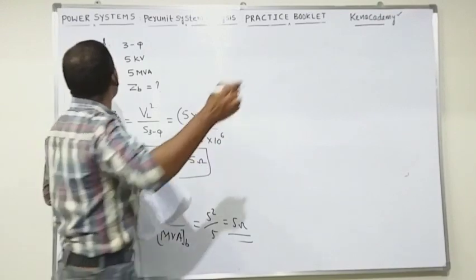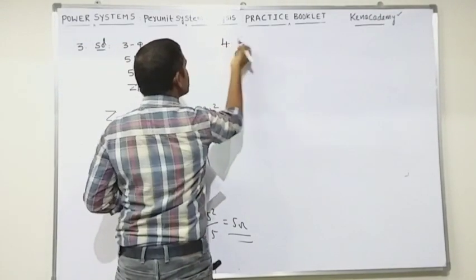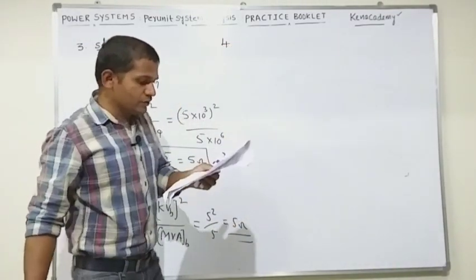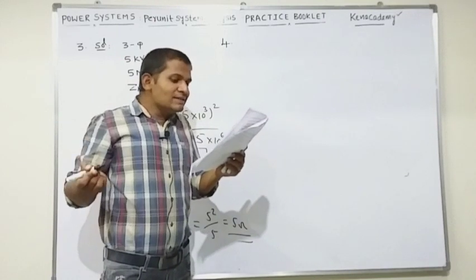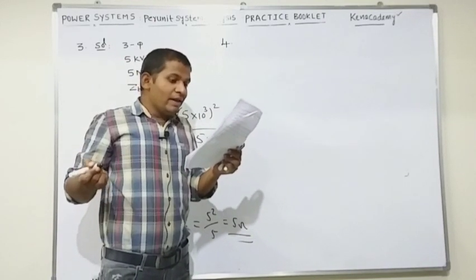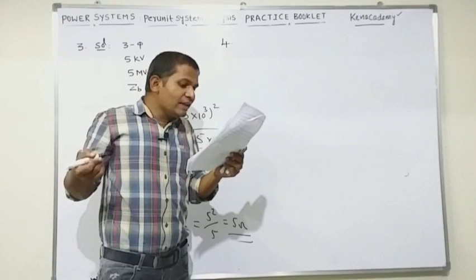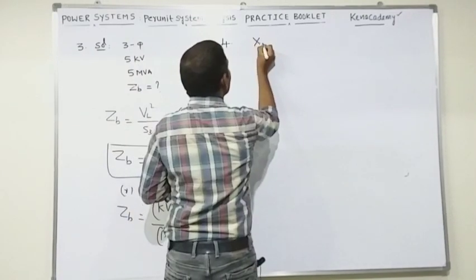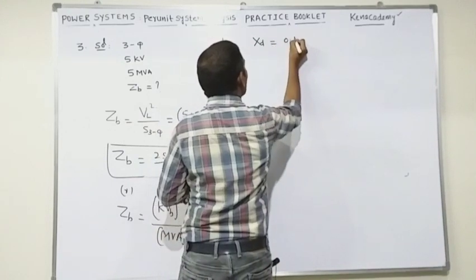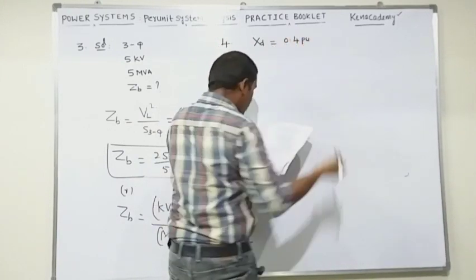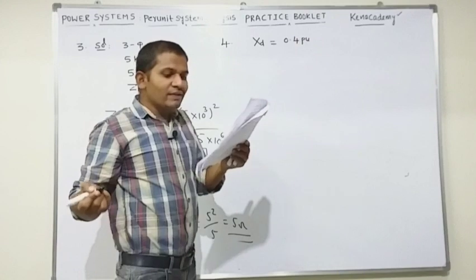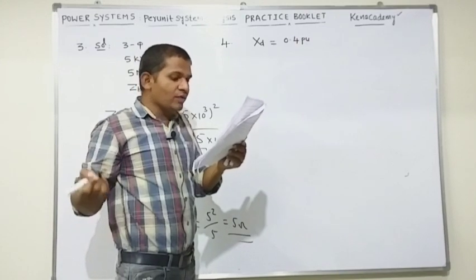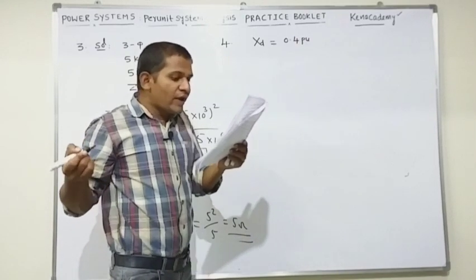Clear? See the students, question number 4 solution I am explaining. I am reading the question. The direct axis reactance XD of a synchronous generator is given as 0.4 per unit, based on the generator's nameplate rating of 10 kV 75 MVA.